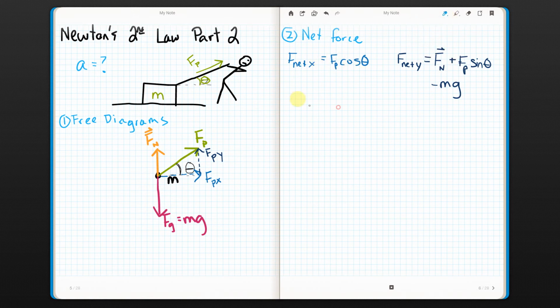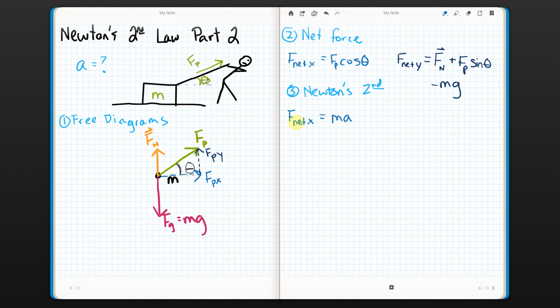Third step, Newton's second law. I have to do Newton's second law in x and y as well. Let's do x first. I know that F net in the x direction equals mass times acceleration.